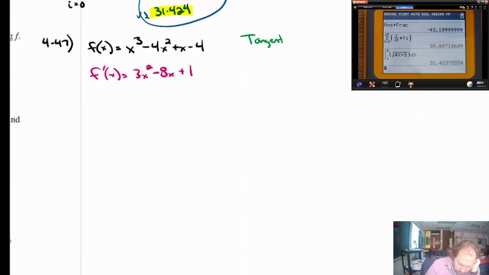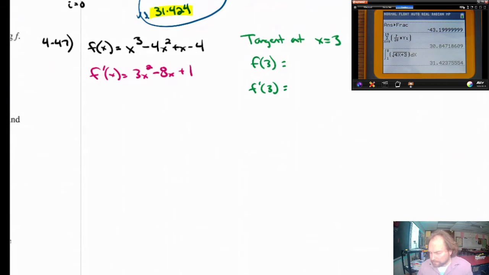Tangent at x equals 3, which means we're also going to need to know what f of 3 is and what f prime of 3 is, and we can let the calculator do most of the work there. 3 to the third power minus 4 times 3 squared plus 3 minus 4 gives us -10.